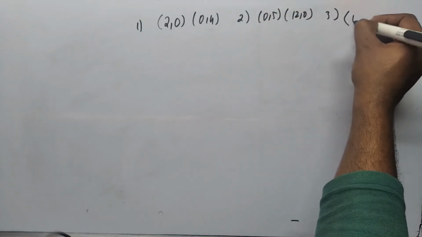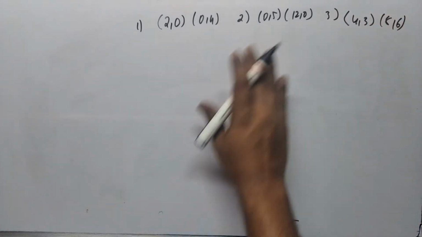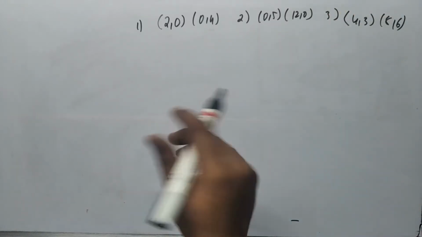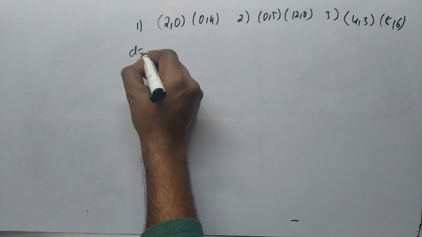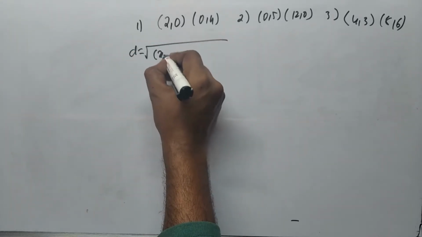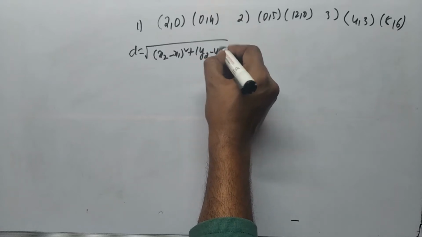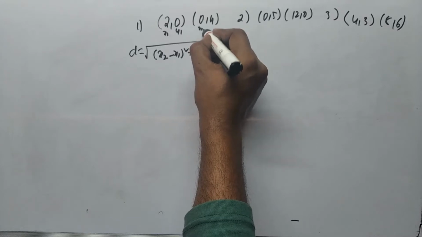The third question is 4 comma 3 and 8 comma 6. I will solve these first three, then we will take some other questions which have negative terms. We know the distance formula is the root of x2 minus x1 whole square plus y2 minus y1 whole square.